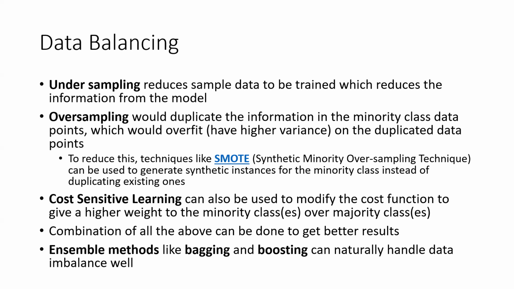When you have overfitting, we have a high variance problem for the minority class. That would not happen to the majority class, but when you are oversampling, an overfitting issue can happen for the minority class.